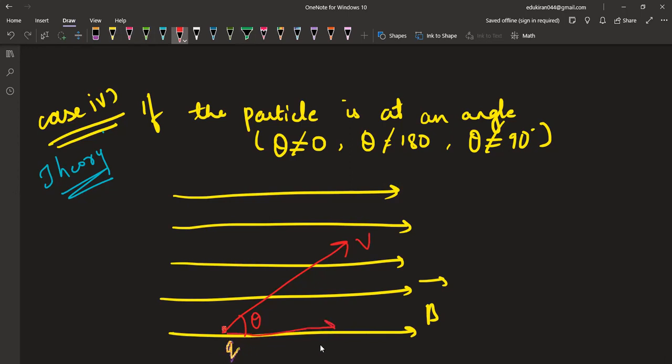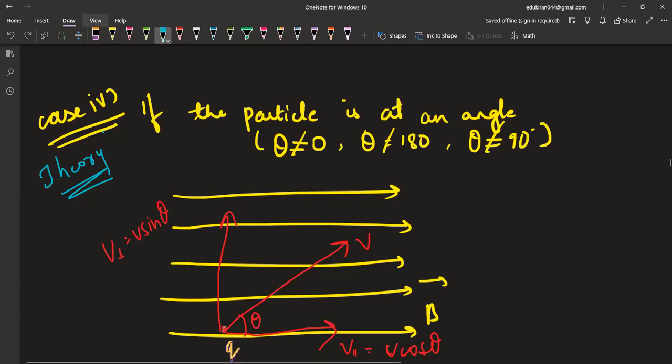The first step that comes is resolving the vectors. The parallel component to magnetic field will be V cos theta. The perpendicular component to magnetic field will be V sin theta, correct?